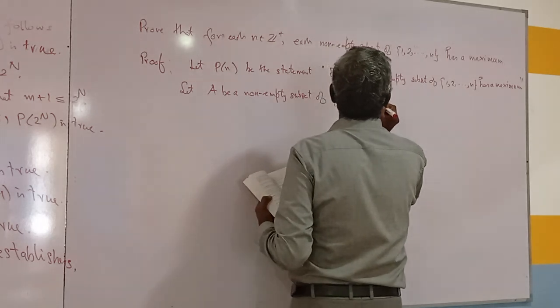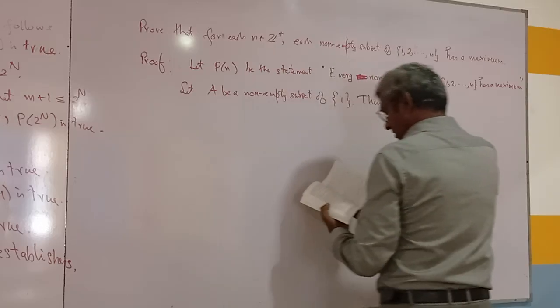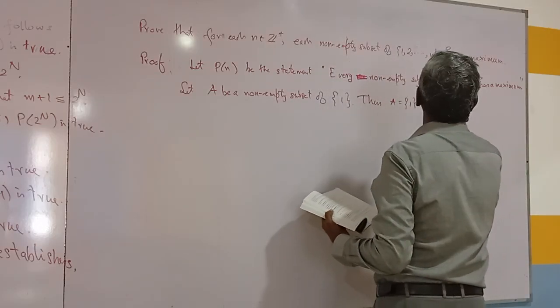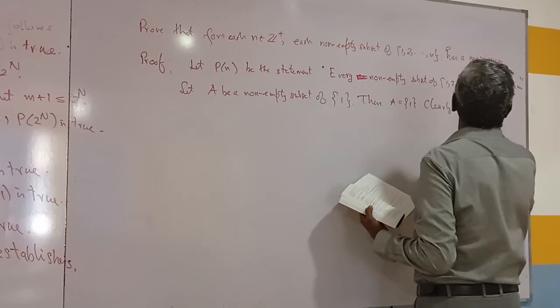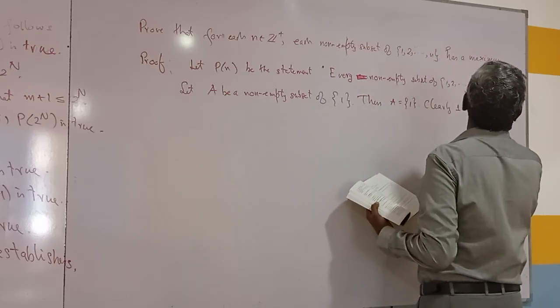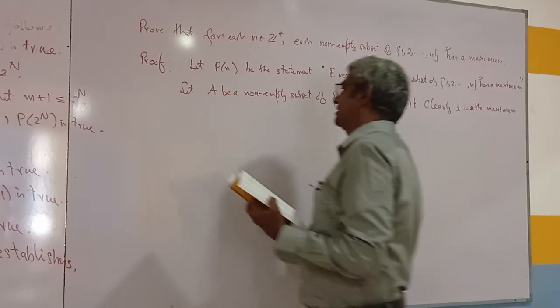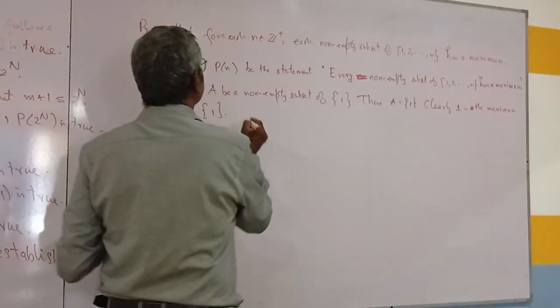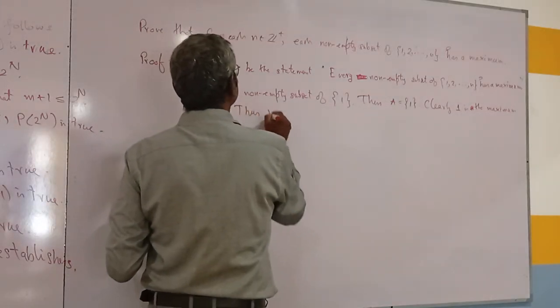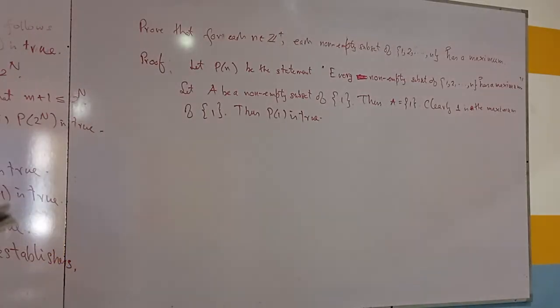Thus, A is equal to singleton 1. Clearly, 1 is the maximum of singleton 1, thus P1 is true. So P1 is true, right?